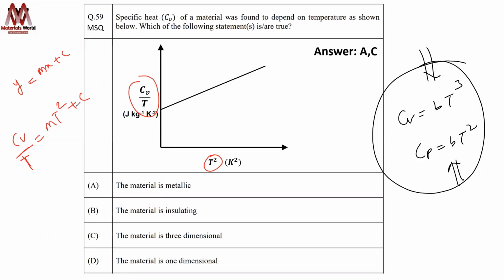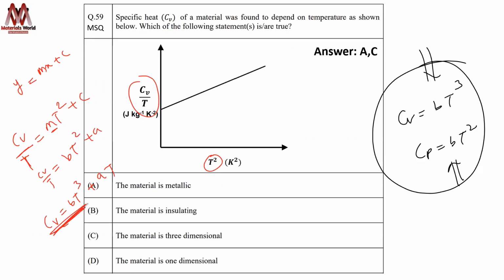Let's take this coefficient as b and this as a, so you can take anything: bT squared plus a. If you simplify, your Cv becomes bT cubed plus aT.